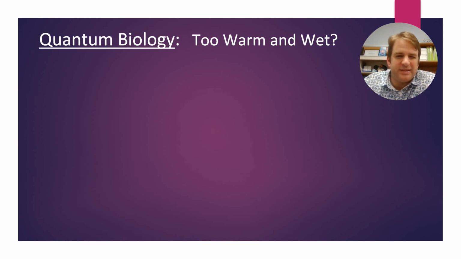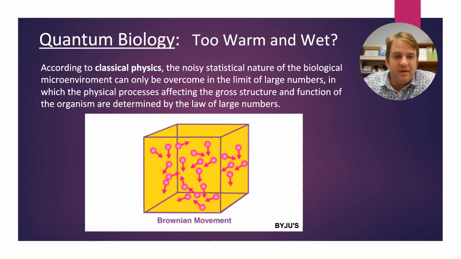Some of you may be asking, isn't biology just too warm and wet to sustain any quantum effects? Well, that's an interesting question. Because indeed, according to classical physics, the noisy statistical nature of the biological microenvironment can only be overcome in the limit of large numbers, in which physical processes affecting the gross structure and function of the organism are determined by the law of large numbers.